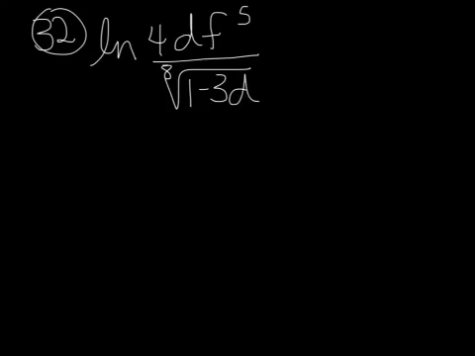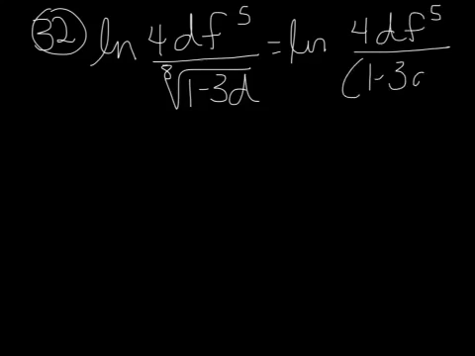Well, I see multiplication, I see powers, and I see division. I'm going to rewrite this as a natural log of 4d f to the power of 5 over 1 minus 3d to the 1/8. Remember, the rule is power over root.